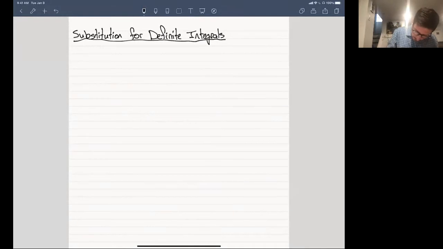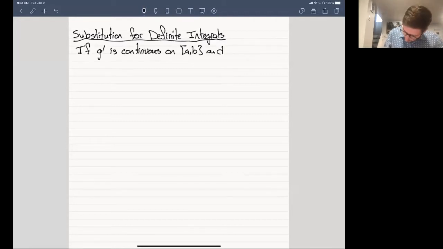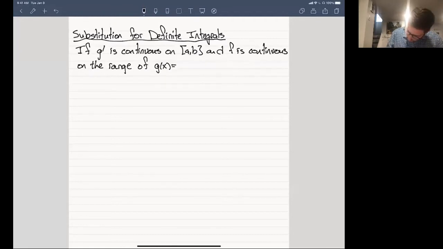So it says that if g prime is continuous, alternatively, if g is a differentiable function on the interval [a, b], and f is continuous on the range of g of x, and we're going to call that u, remember from the substitution method.